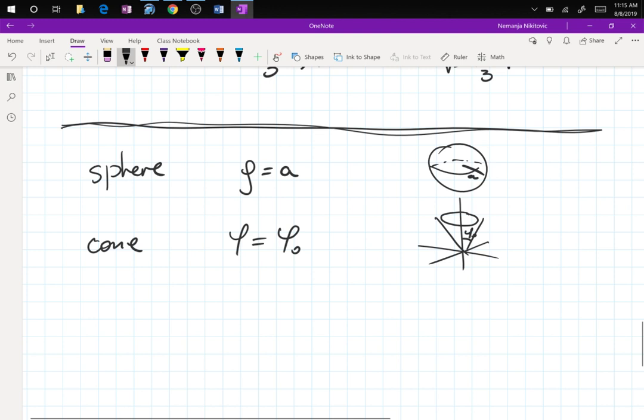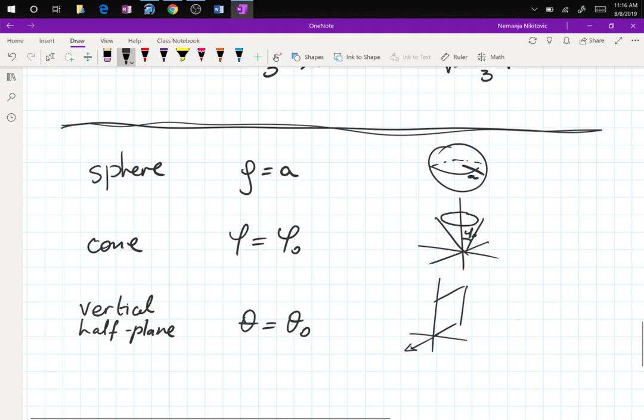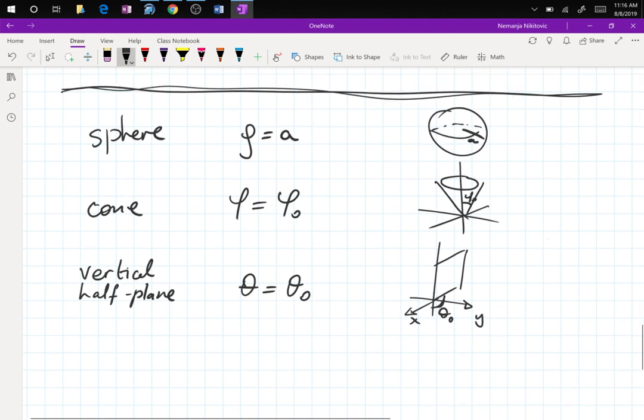The rest of the cone, right? Vertical half plane also makes sense because you have, as a part of these coordinates, the polar coordinates here. So the same half plane as before when you measure theta 0.